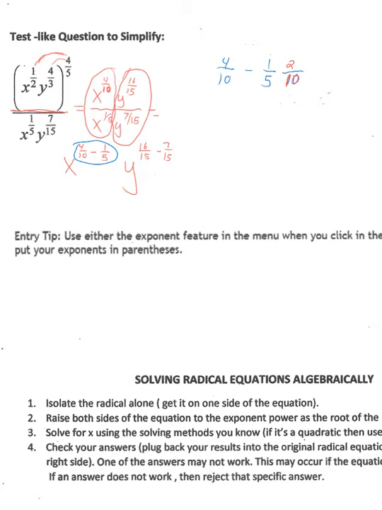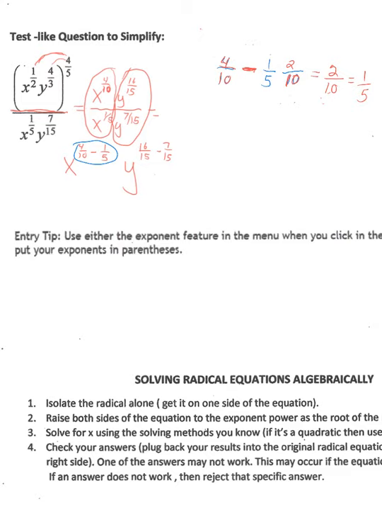So I'm going to have 4/10 minus 2/10. So numerator, 4 minus 2 is 2 over 10. Okay, that reduces. If I slice that in half, this gives me 1/5.